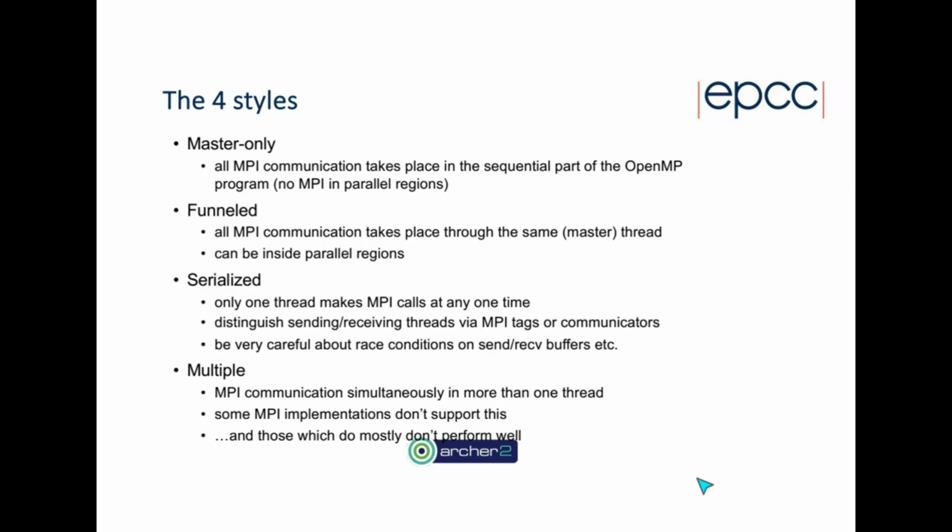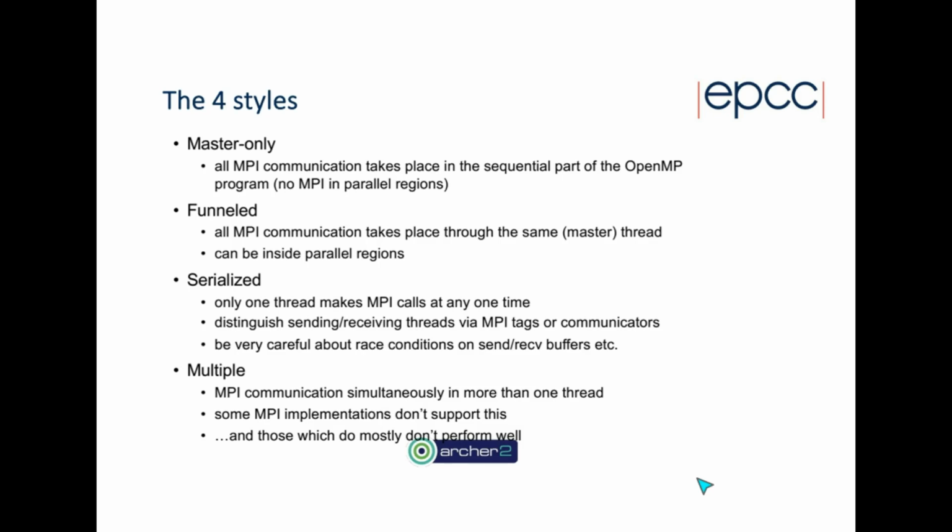The third one is serialized. This is where we allow different threads inside a parallel region to make MPI calls, but only one at a time. And now we have some problems again, which we'll go into a bit more.